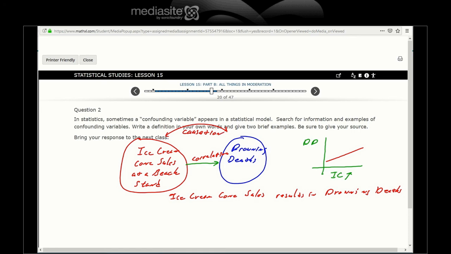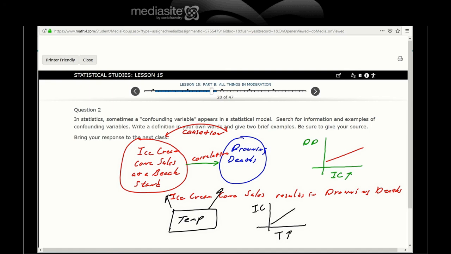Well, the problem is a confounding variable. There's a third variable that actually controls both of these two variables that we're trying to compare. And it's basically temperature. The real analysis is, as temperature increases, ice cream sales goes up.